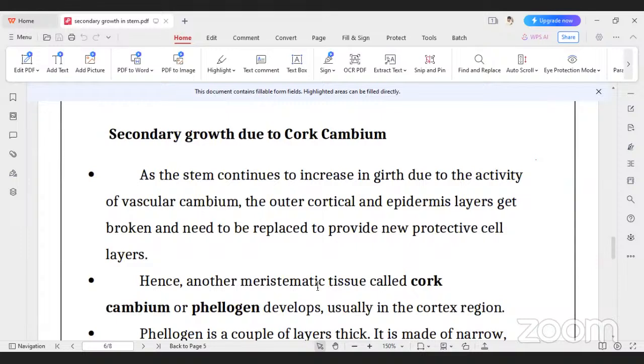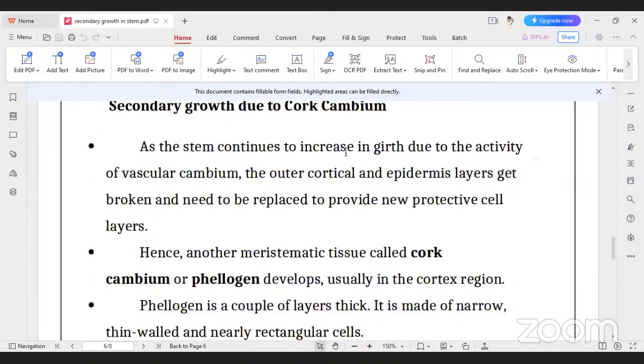Now this is all the formation inside the stem. Now let's see the extrastelar changes. As I told you, while the secondary tissues are formed inside and outside in the stele, pressure is exerted on the epidermis. Due to the pressure, another meristematic tissue develops from the cortex cells.